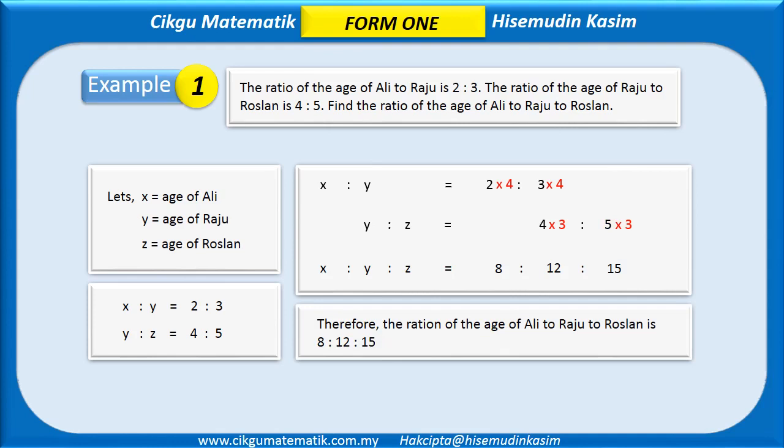Therefore, the ratio of the age of Ali to Raju to Roslan is 8 to 12 to 15.